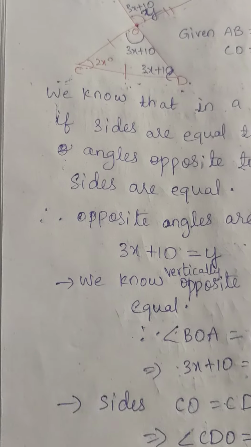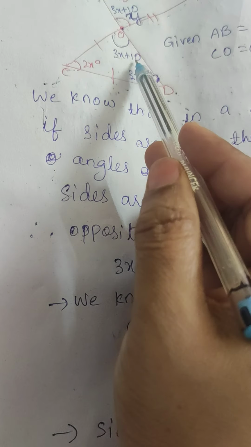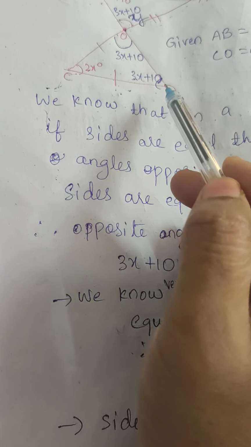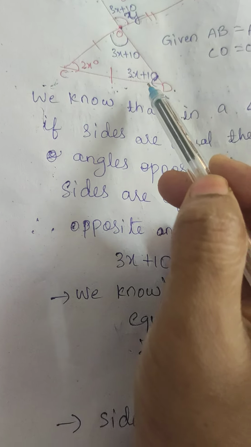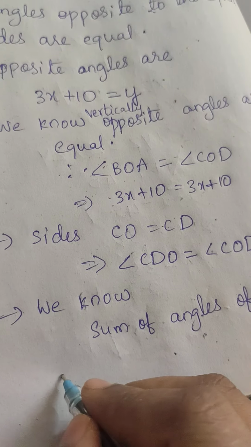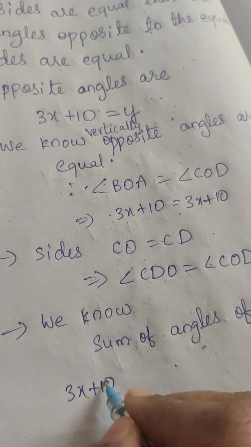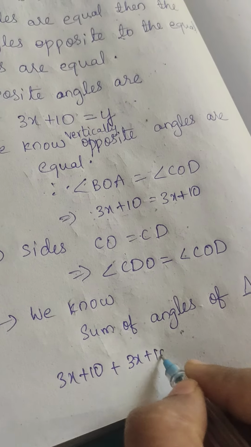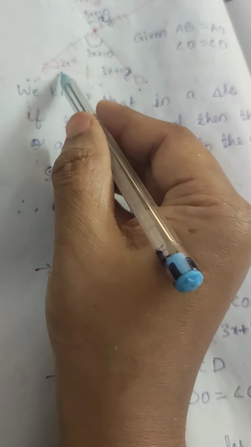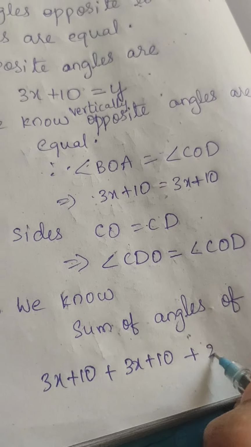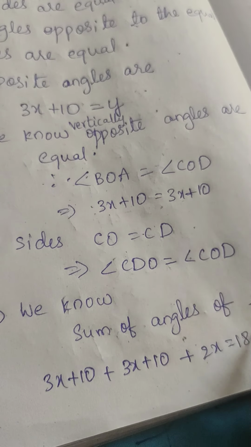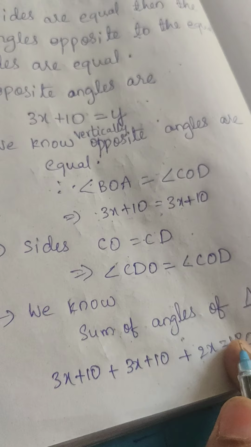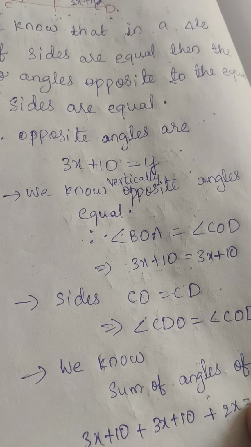Okay, by using that concept, 3x plus 10 plus 2x plus 3x plus 10 should be equal to 180 degrees. Okay, 3x plus 10 plus 3x plus 10 plus 2x is equal to 180 degrees. Okay, if we solve this, then we can get the value for x.